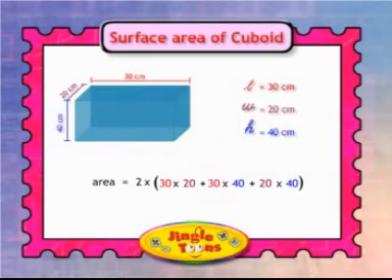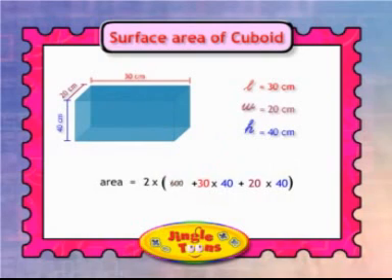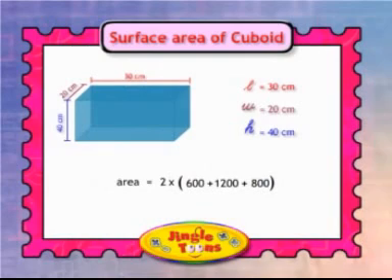Therefore, area = 2 × (600 + 1200 + 800). Area = 2 × 2600. Area = 5200 square centimeters.